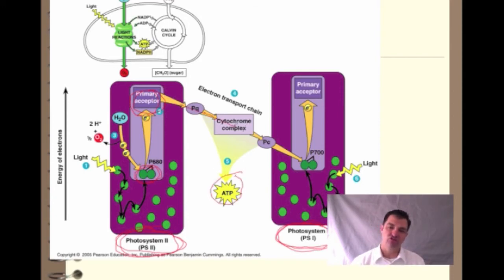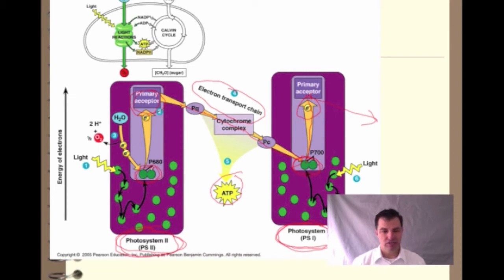The final electron acceptor in that chain, so you notice this is also an electron transport chain, the final electron acceptor here will be this photosystem 1. So we're going to transfer the energy of that to photosystem 1. Photosystem 1's losing its electrons by doing a similar reaction as light hits it. It's transferring the energy, and this electron is going to be used to power another set of reactions we'll get to here in a second.